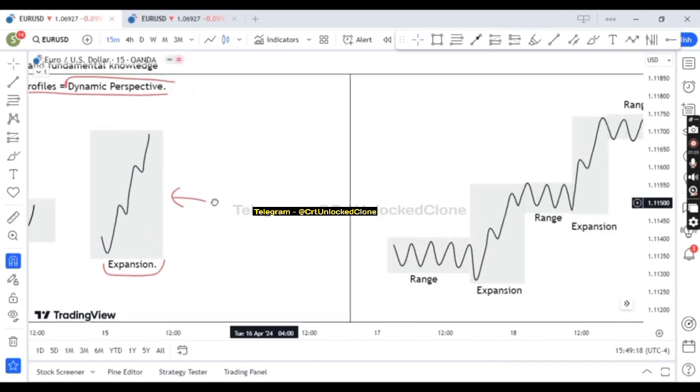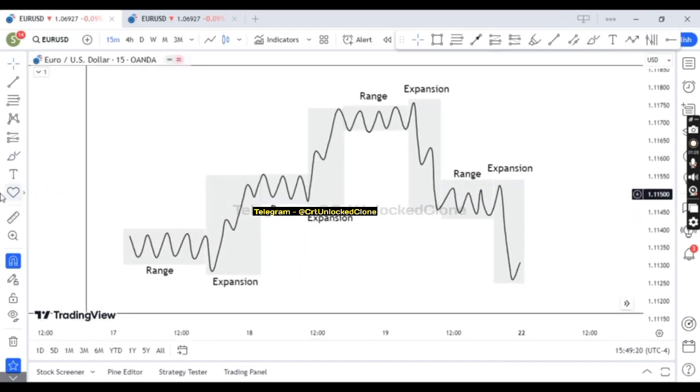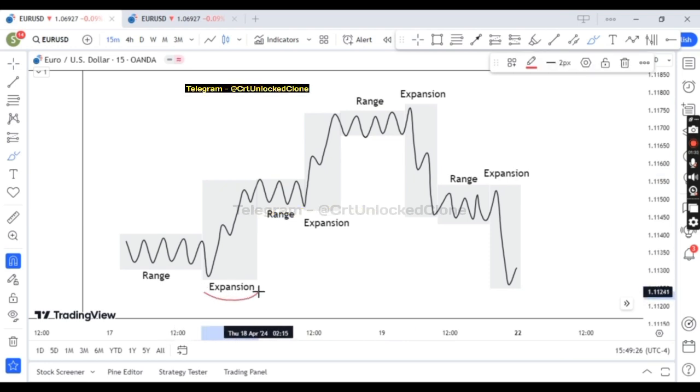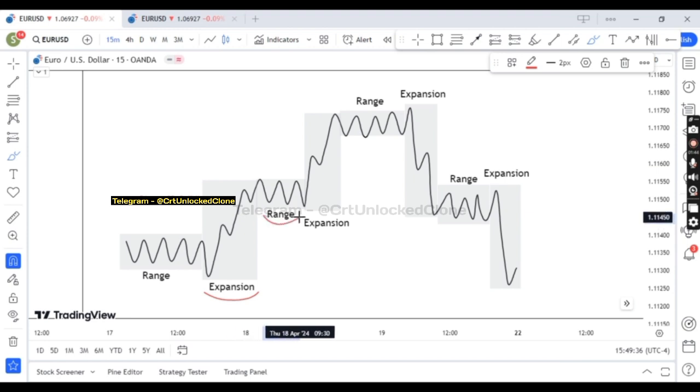So first of all, we start with a ranging profile, and then after a ranging profile has ended, we then turn into another profile, which is an expansion profile. And then after an expansion has occurred, we cannot have another expansion after it. After an expansion profile is ended, we turn into another ranging profile before making another expansion, right?